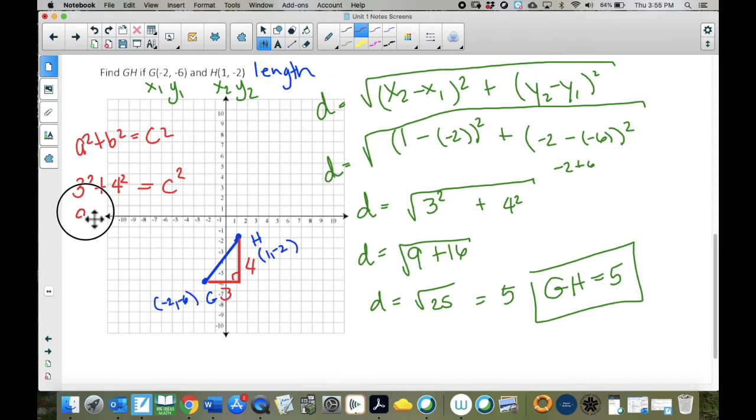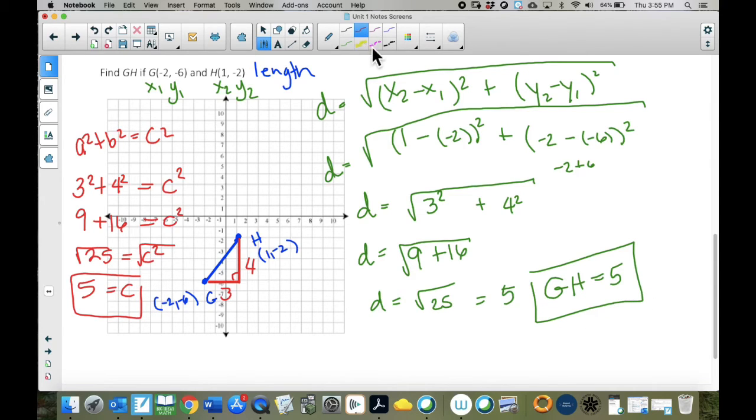Well, 3 squared is 9, 4 squared is 16, and that gives me c squared, so that gives me 25, because 9 plus 16 is 25. Now the last thing in the Pythagorean theorem is to take the square root of both sides, and I get c equals 5. That is the exact same thing I came up with over here.